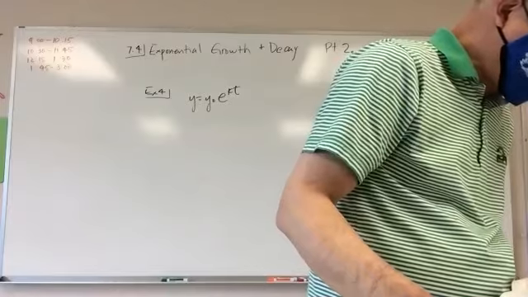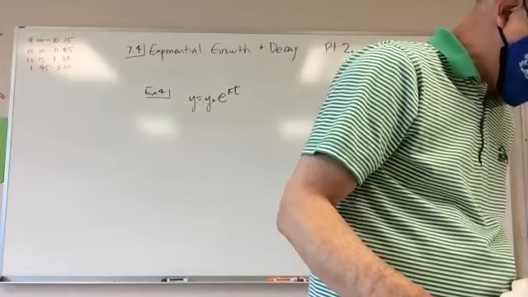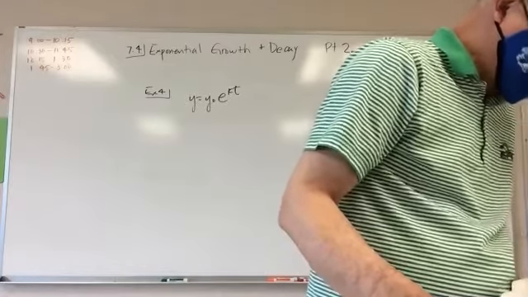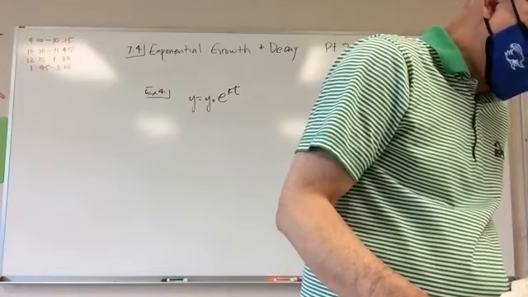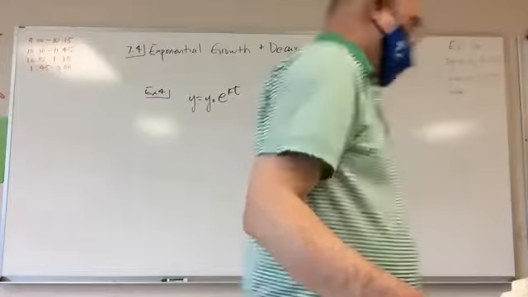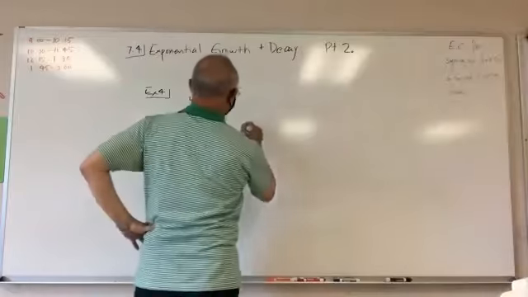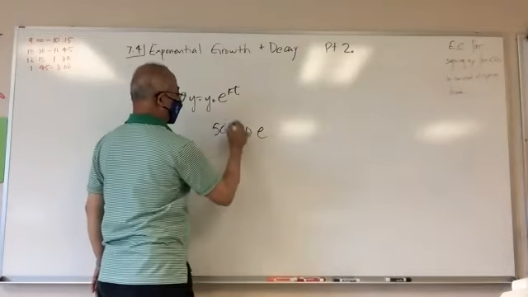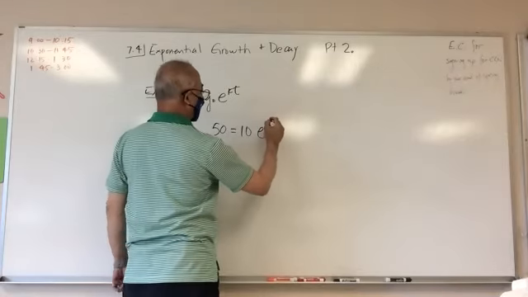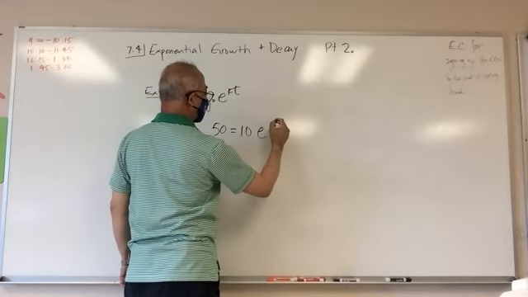From a population of 10 on May 1st, the number of hornets grow to 50 in 30 days. So starting from 10, then it became 50 at how many days? 30 days.